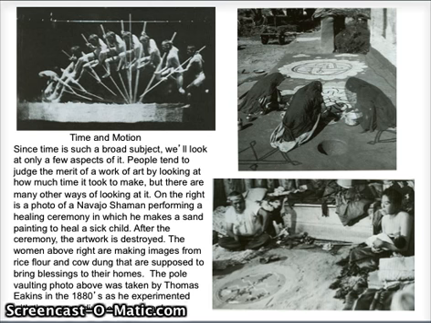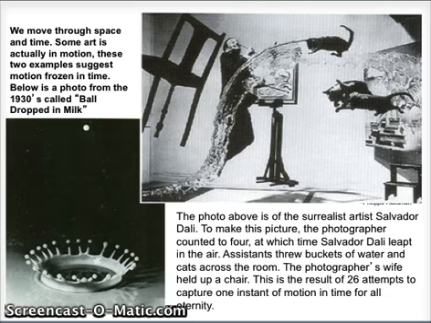On the lower right here we have sand painting by a Navajo shaman that's designed to bring healing to this child. Now as soon as this is done, it's going to be destroyed. And the act of making the art is much more important than the result. Now here we have a couple of really funny images by Salvador Dali.